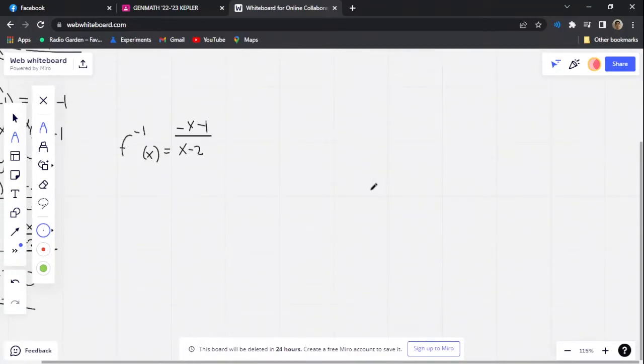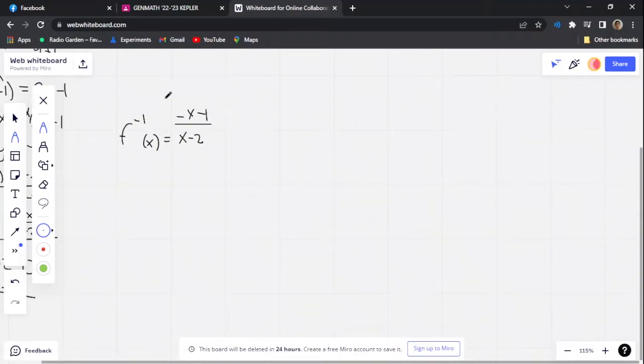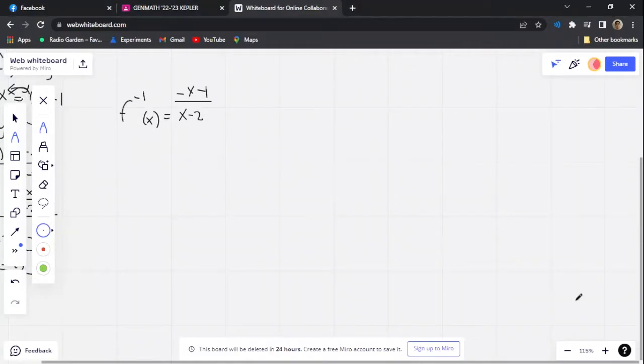Next is pagpangita sa domain and range sa atong inverse function. So, unsaon man nato ni domain ug range? So, ingon si Madam nga ang domain ug range kuno kay baliktad ra sila.